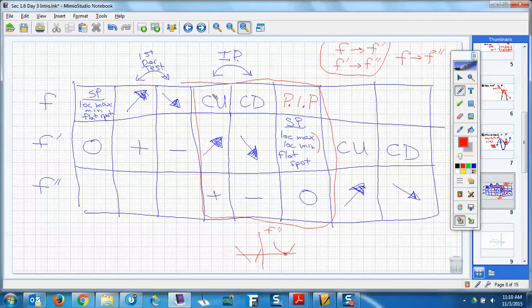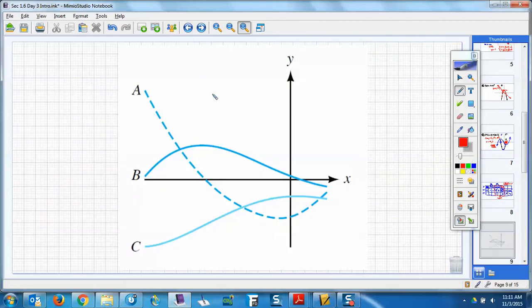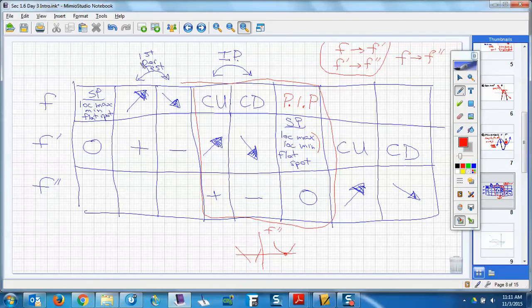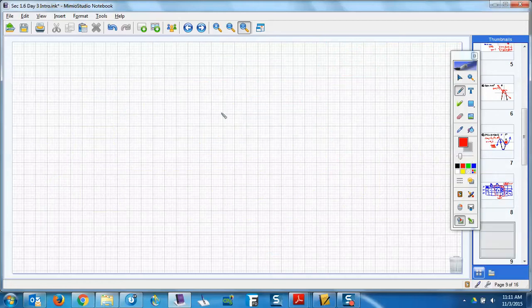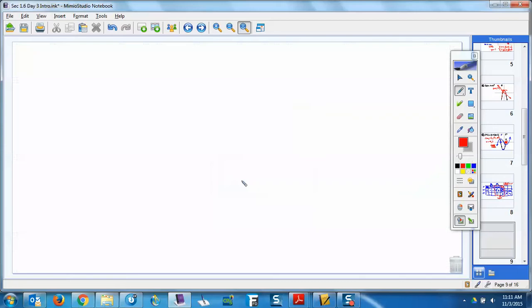All right, so let's take a look at, in your book here, if you turn to page 65 real quick. Down at the bottom of page 65, we get a little more of a definition of concavity.